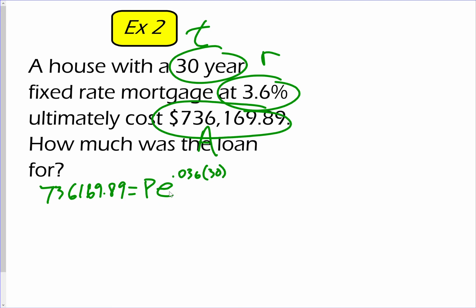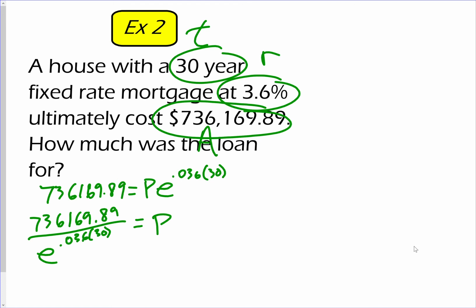Okay, and then honestly, what we can do is divide both sides by this whole amount, right? So that our principal is equal to 736,169.89 divided by e to the 0.036 times 30. Okay, and now we can plug this into the calculator.